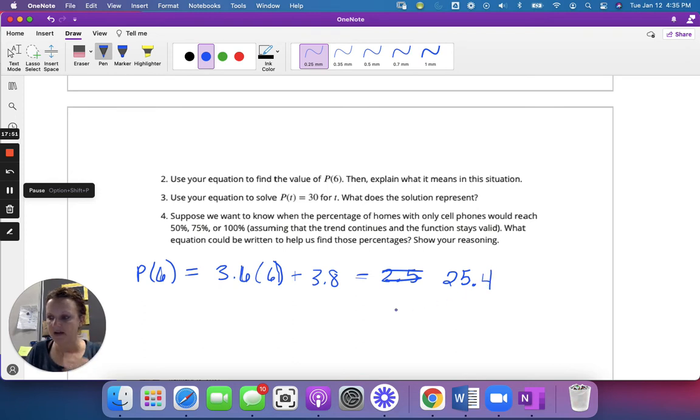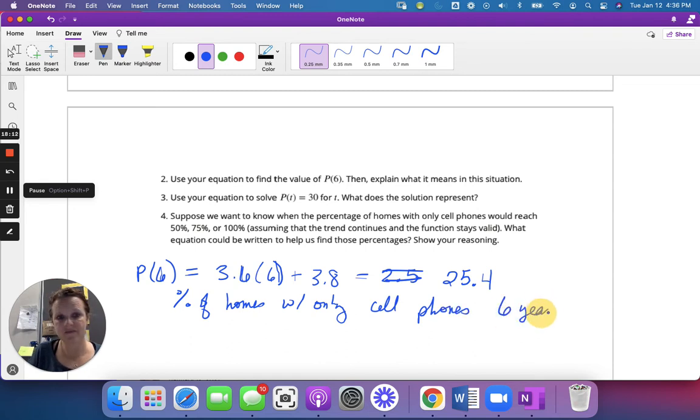25.4. Okay, that tells us the percentage of homes with only cell phones six years after, with the original problem and read it, 6 years after 2004.